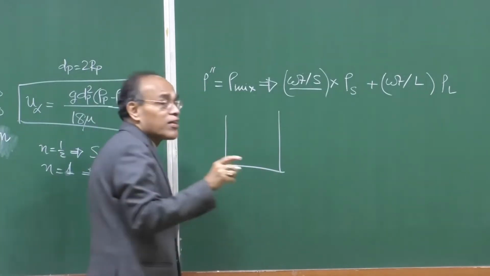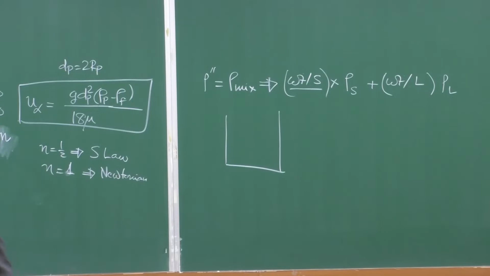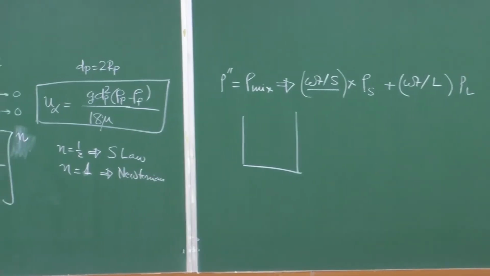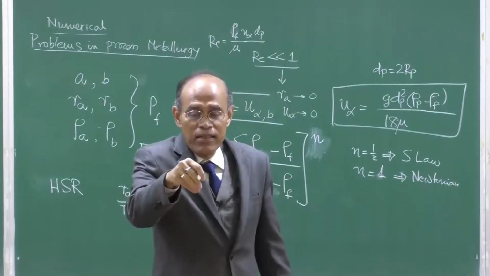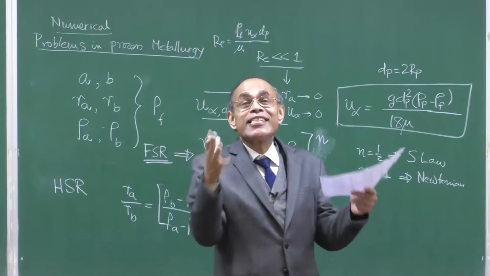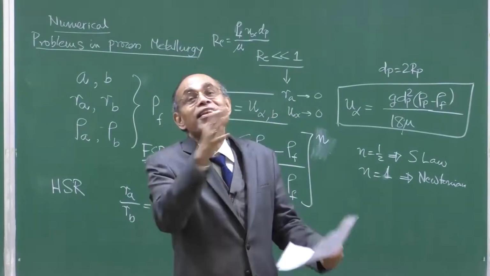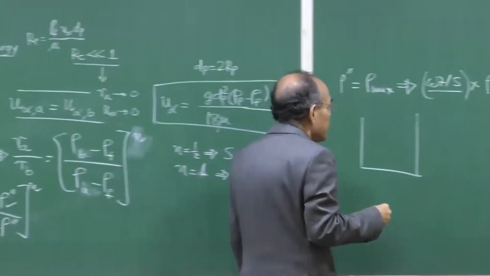So, the medium is not purely fluid; the medium through which the galena particle is settling already contains suspended solids. So, its density is going to be much higher than the density of the fluid, because the solid's density is greater than that of the liquid.